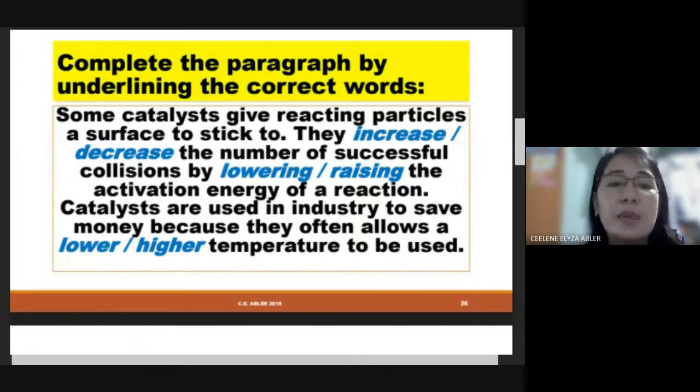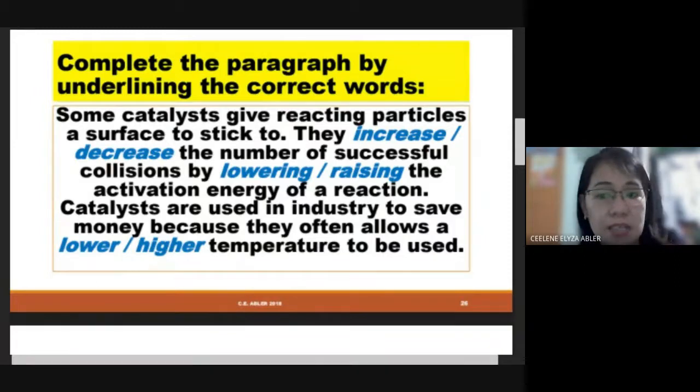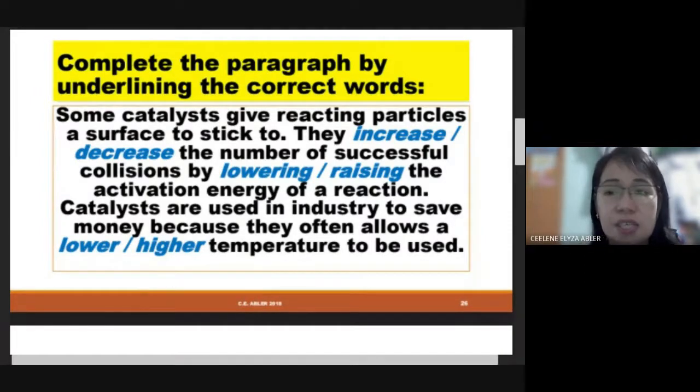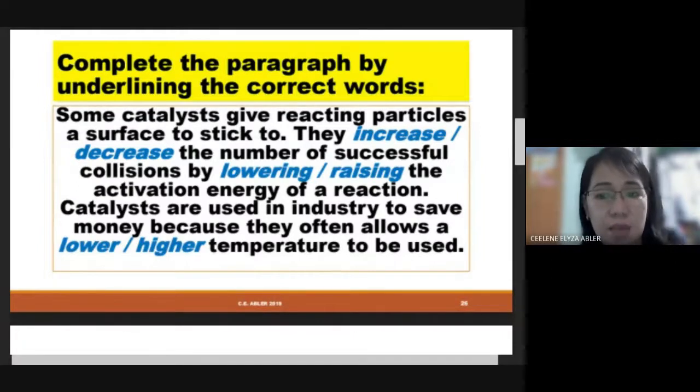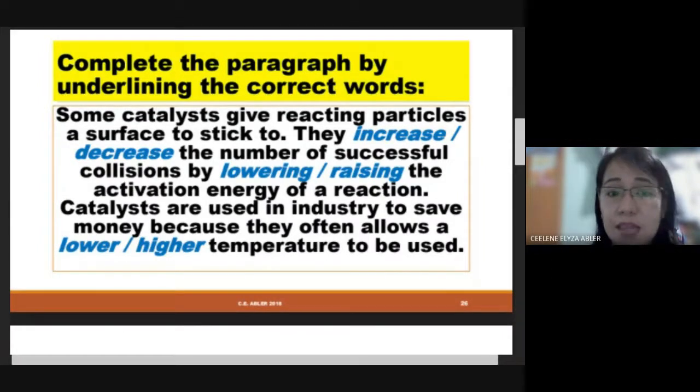Okay. So let's go back, what is the meaning of our enzymes? What is the meaning of our catalysts? They are the ones that speed up our reaction and they actually help to lower the activation energy. So when the activation energy is lower, which temperature is better to use, and it will work faster and make the entire chemical process work faster.